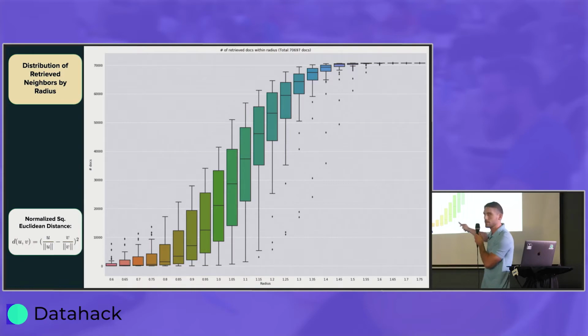It's a bit difficult for you to read the numbers, but the range here is between 0.6 and almost 2. And you could see that it pretty much makes sense if I use the normalized squared Euclidean distance to obtain the distances, because for most documents, if you pick a large enough radius, you get many other documents. And at some point, you just get the entire data set, the entire corpus.